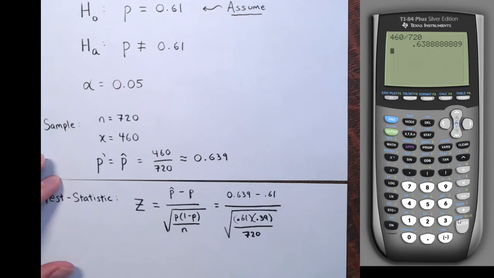On my calculator, I'll use the current number, 0.6388888, as my p hat, and subtract 0.61. That's the numerator.